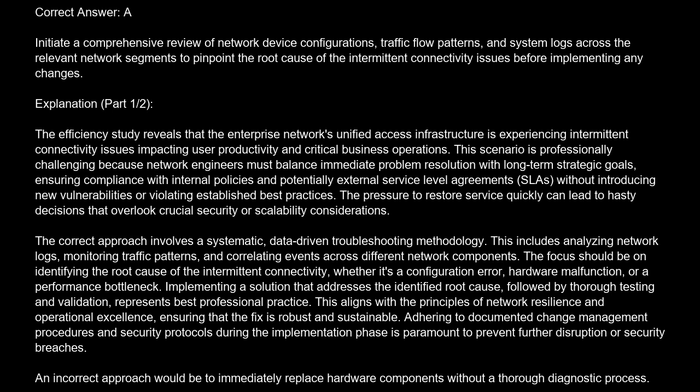Implementing a solution that addresses the identified root cause, followed by thorough testing and validation, represents best professional practice. This aligns with the principles of network resilience and operational excellence, ensuring that the fix is robust and sustainable. Adhering to documented change management procedures and security protocols during the implementation phase is paramount to prevent further disruption or security breaches.